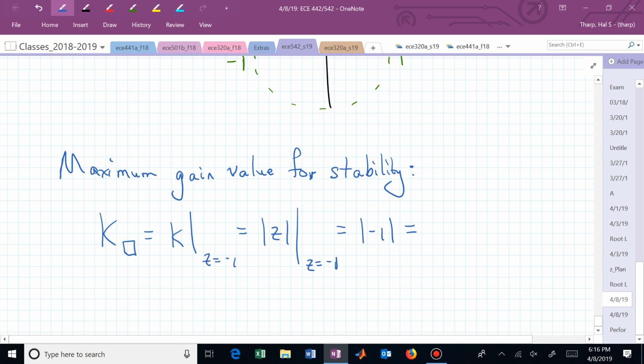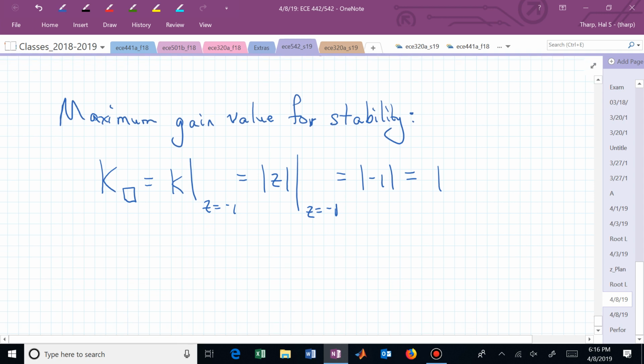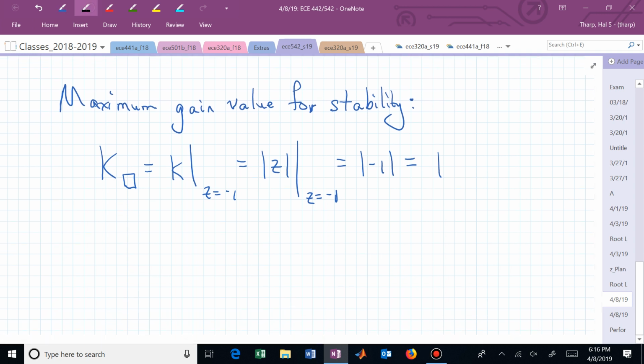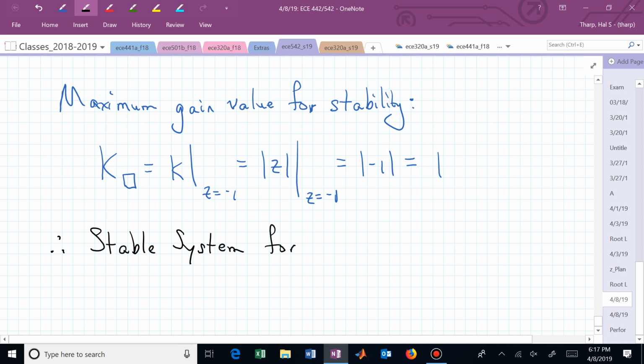The magnitude of -1 is 1. So what's my range of k for stability? I have a stable system for k living between 0 and 1.